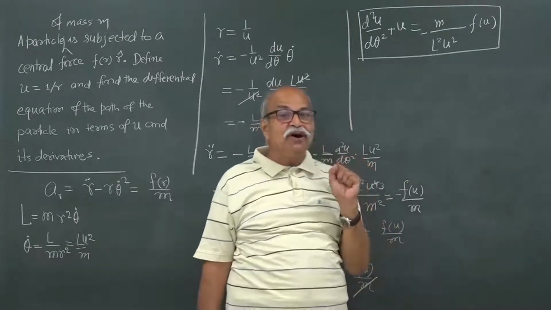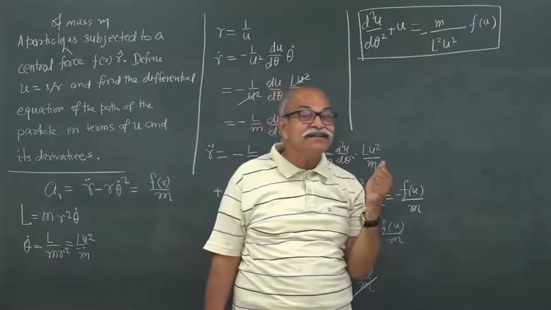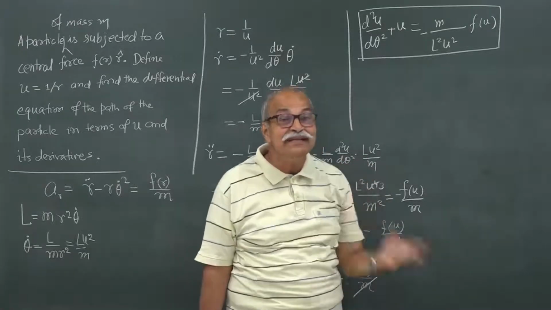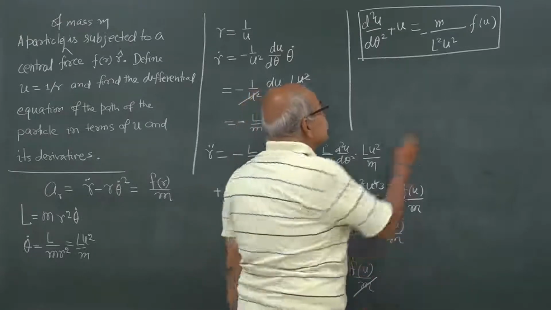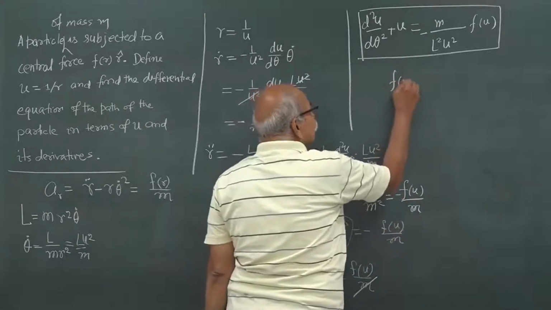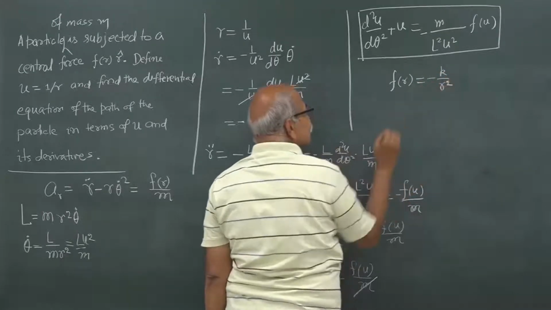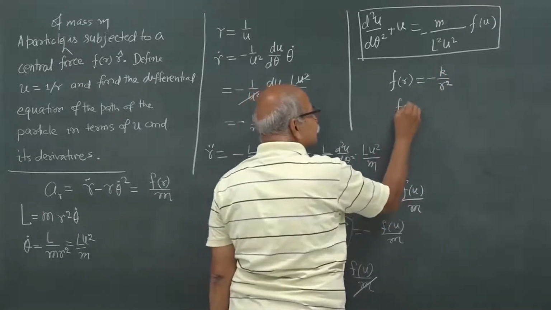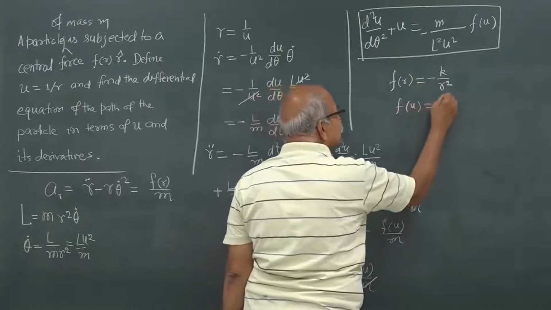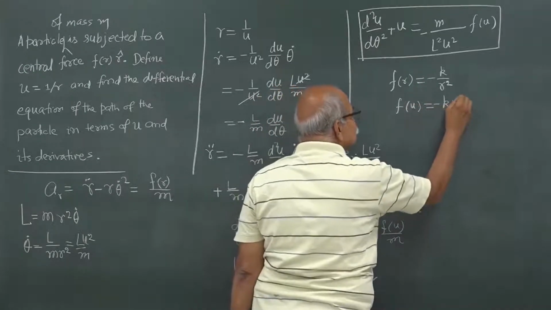If you think of the inverse square attractive force that we had been talking about, then this F of r is minus k by r square, and therefore F of u I will be writing as minus k u square.